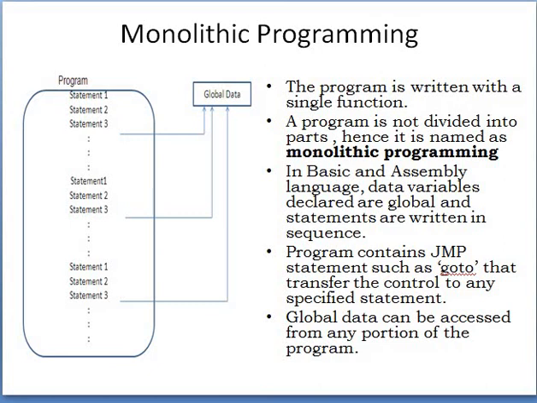Example, in BASIC and assembly languages, data variables are declared as global data and statements are generally written in a sequential manner. The program contains jump statements such as goto that transfer the control to any specified statement. Global data can be accessed from any portion of the program.